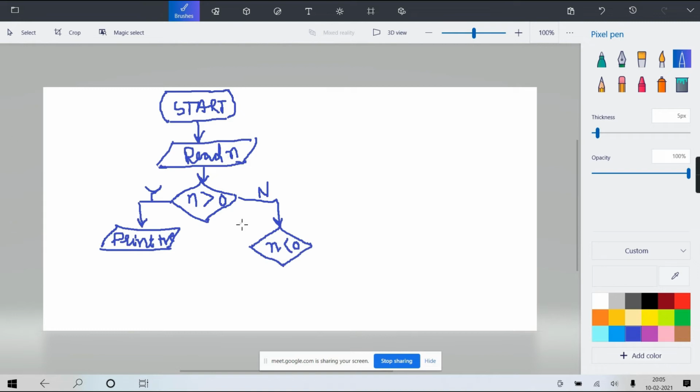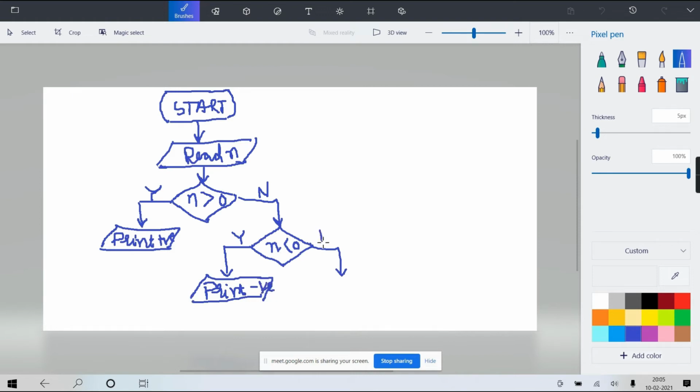Whether it is less than 0. Yes guys, all of you, I hope you are hearing me carefully. Okay, or at least you are checking what you have drawn. Right? Now next is, if it is not greater than 0, check whether it is less than 0. If it is less than 0, then we'll print it is negative. Understand it, because on the live board I'm not drawing it. Okay, so print it is negative.